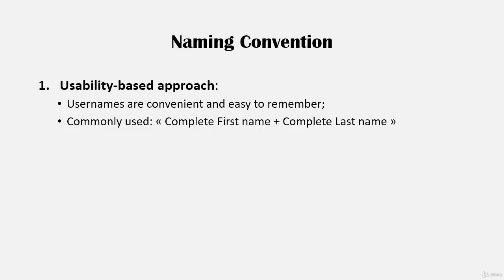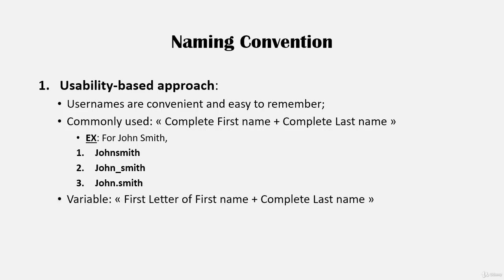It can be concatenated or separated by a hyphen, an underscore, or a period. Example: for John Smith, the username can be JohnSmith concatenated. It can be John_Smith or John.Smith.